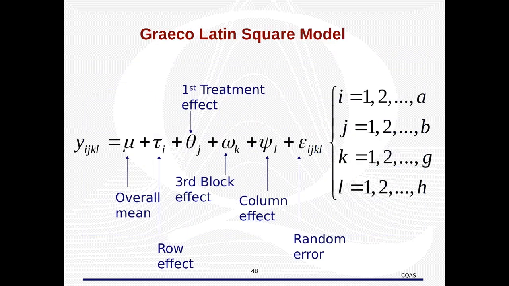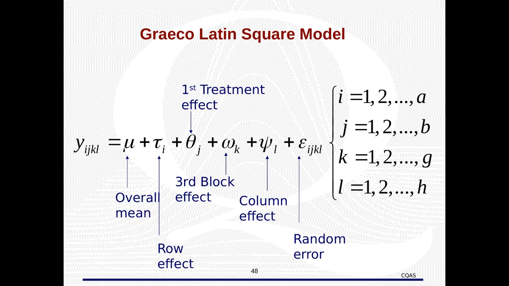The Graeco Latin square design incorporates a linear statistical model that decomposes the observed response into several additive components. Each observation is expressed as the overall mean plus 4 distinct sources of variation. First, we have the treatment effect, which captures the impact of the experimental treatment being applied. Second, the row effect accounts for systematic differences across rows in the design structure.